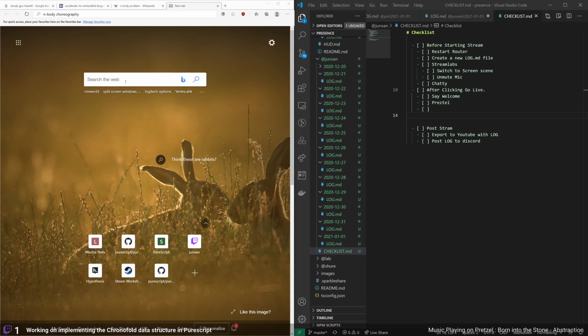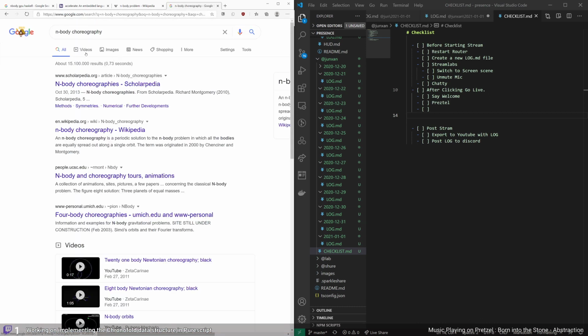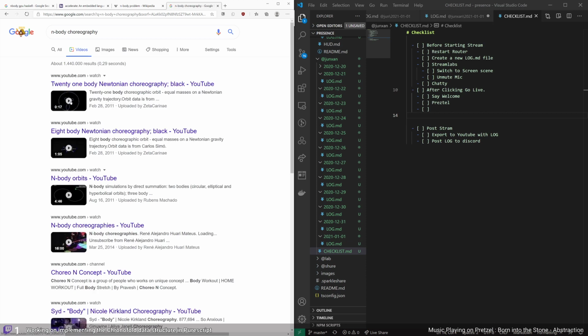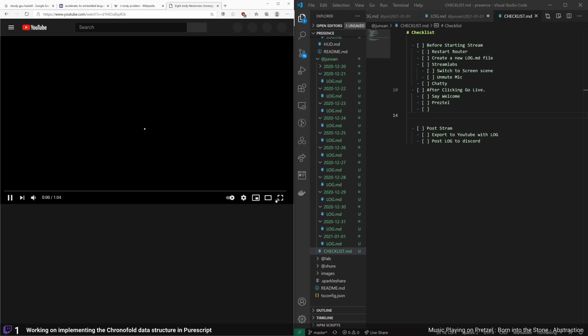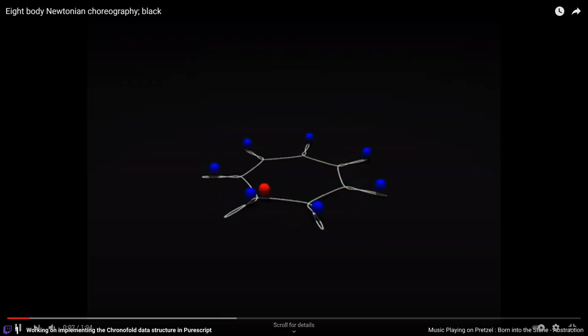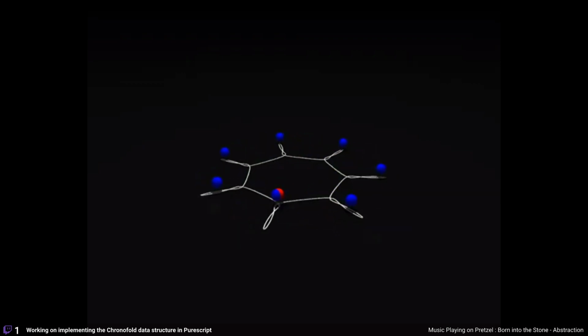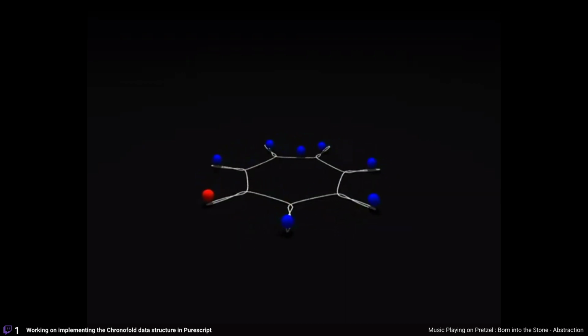Okay, so NBody choreography, and I wanted to see some videos of that. So let's go for the video. 8 body Newtonian choreography. That sounds great. There we go. The type of figures that the NBody problem can generate.